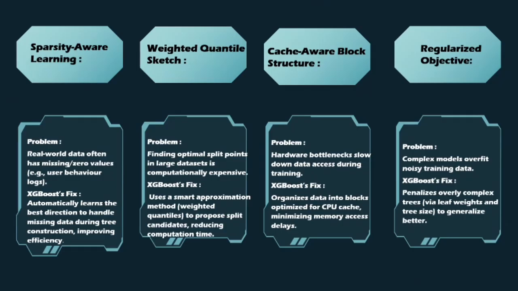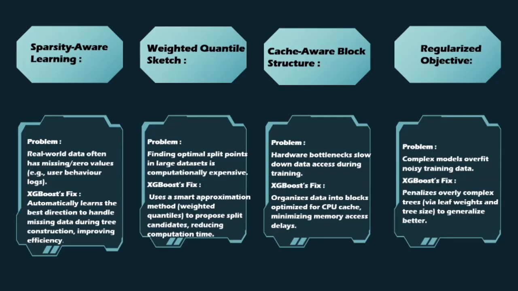Now let's take a look at the key optimization techniques and innovations in XGBoost. First, sparsity-aware learning. It automatically handles missing and zero values by learning the best default direction during tree node splitting. Second, weighted quantile sketch. It approximates optimal split points on weighted data, enabling faster and more scalable distributed tree learning.